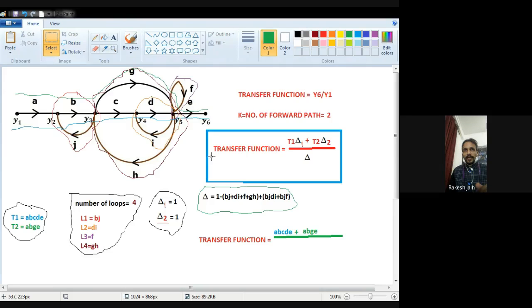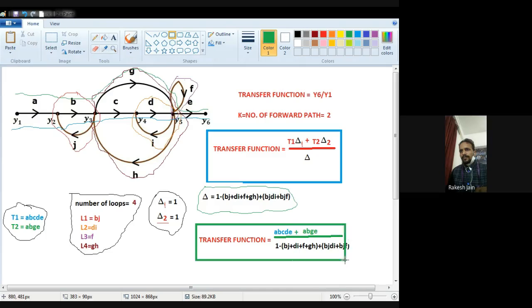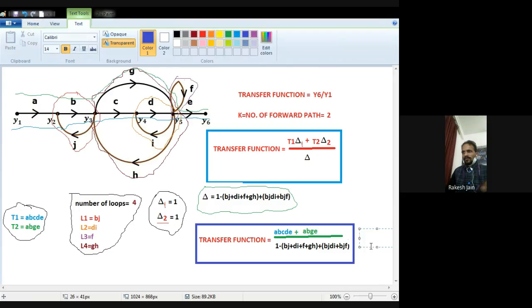So similarly, there are no three individual loops which do not touch each other. So it means the formula of del ends up at this value. Now we find out this value of del.